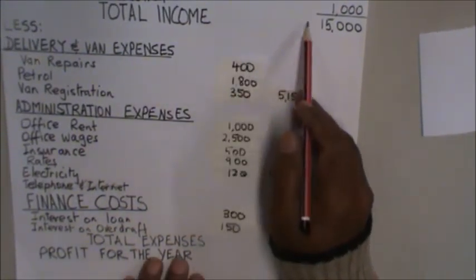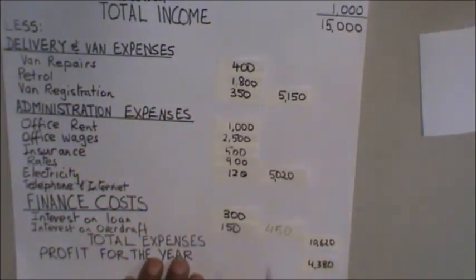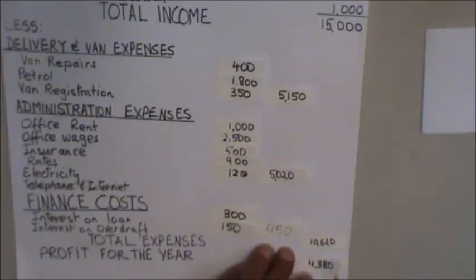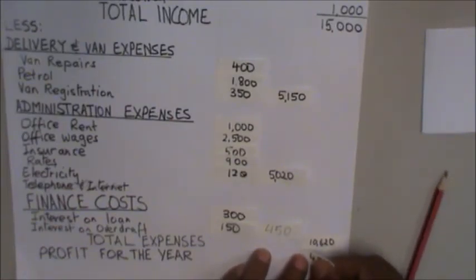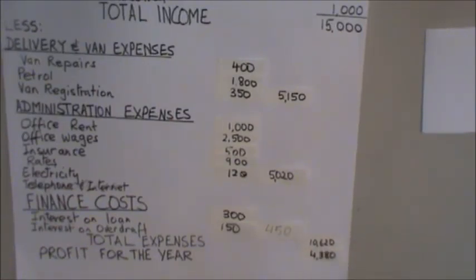That's your total income. Take that away from there, and you have profit for the year, and that's $4,380.